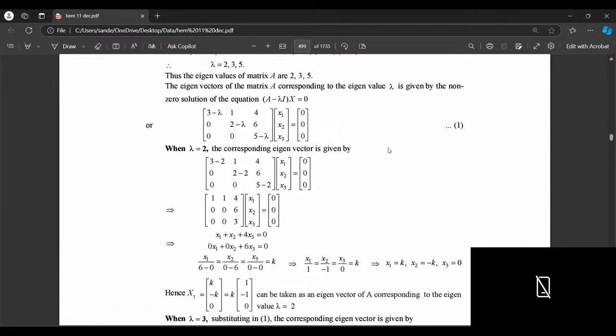Then you will get 1, 1, 4, 0, 0, 6, 0, 0, 3.